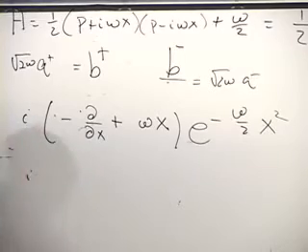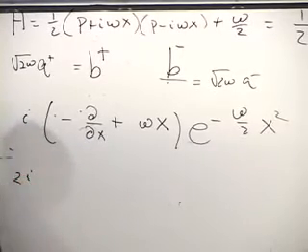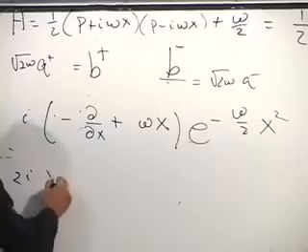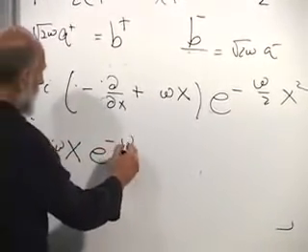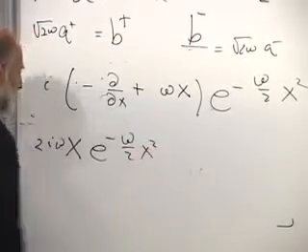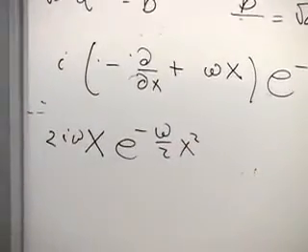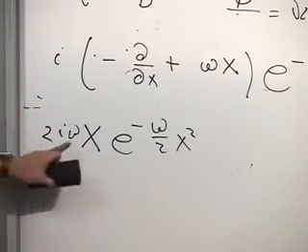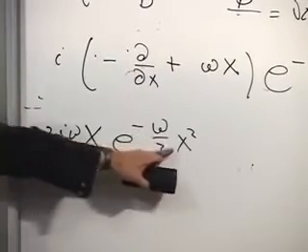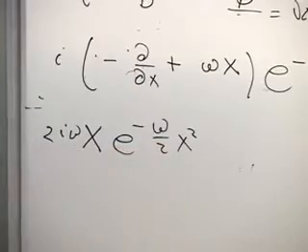So apart from a factor of i and a factor of 2, which we can put in, it's x e to the minus omega over 2 x squared. The factor of 2 and i and omega is just a multiplicative constant. The wave function looks like the Gaussian multiplied by x.